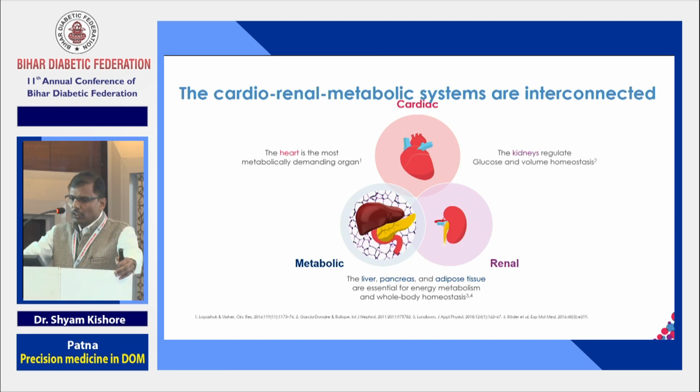And we all know that the kidney is one of the sites where glucose is absorbed, or it will be excreted when the drugs are used. So the kidney's role in glucose metabolism is also important, and the liver, pancreas, adipose tissue and muscles are simultaneously involved in glucose homeostasis through different neuropeptides and hormones.